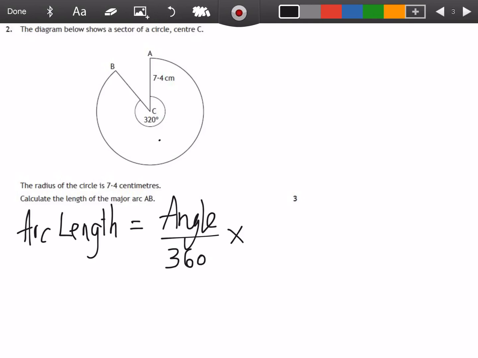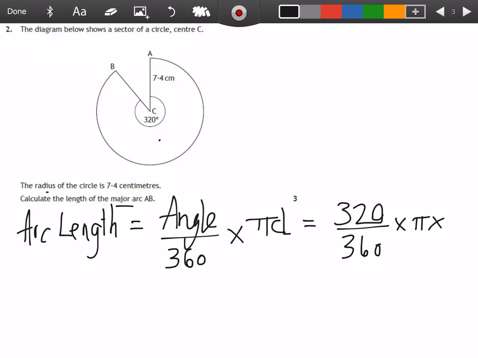Now, the arc length, is it part of the circumference or is it part of the area? The arc length is a bit of the circumference, so it's pi d, the circumference formula. So for this question, it's the major arc, so it's the big outside arc. So the angle is 320 over 360 times by pi and times by the diameter.